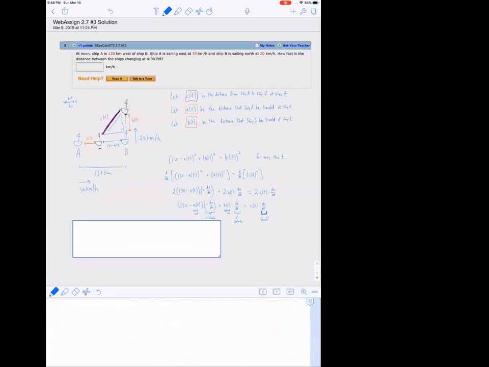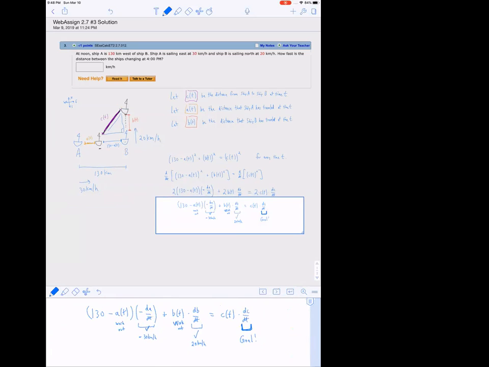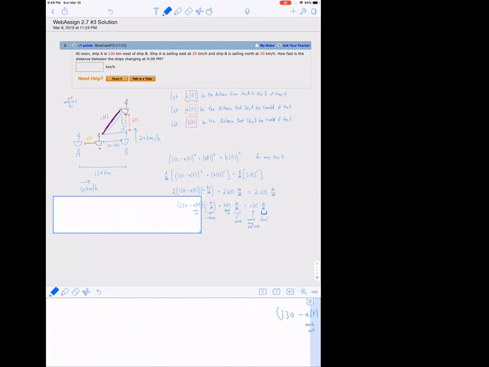So let's do this working out now, using A of t and B of t. Let's go do this working out over here on this side.